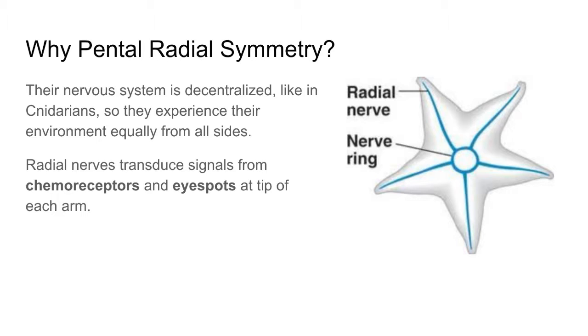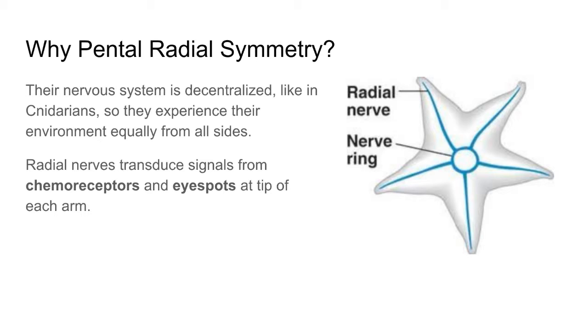And one very likely reason for this is the fact that they have a decentralized nervous system. And if you don't have a centralized nervous system, it's very unlikely that you're going to have bilateral symmetry. And the reason for that is if you have bilateral symmetry, you want your nervous system to be concentrated around a head region.